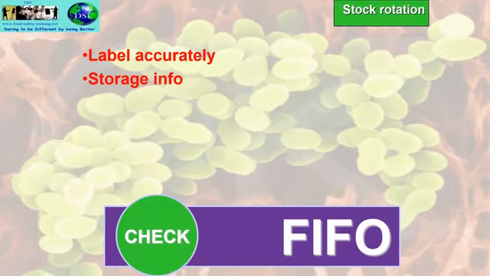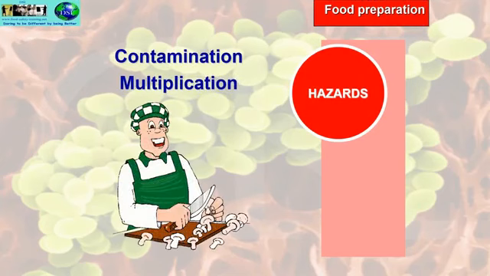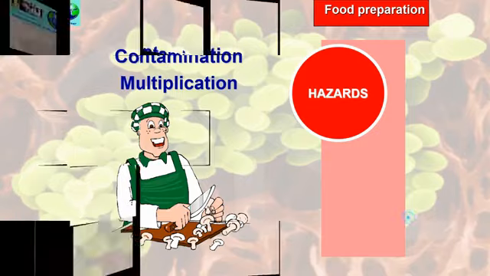Label accurately. Make sure all the storage information is on the label. Make sure you do daily and weekly checks. Written stock control records. Hazards from food preparation include contamination and multiplication.